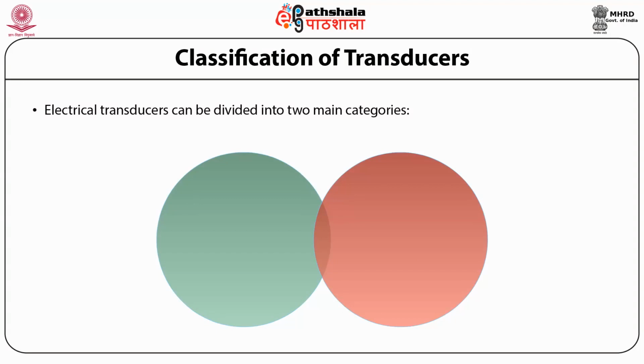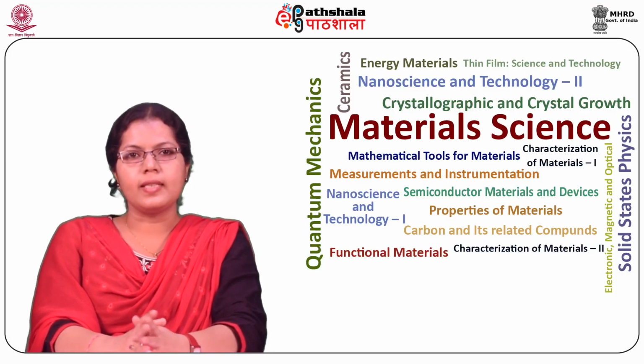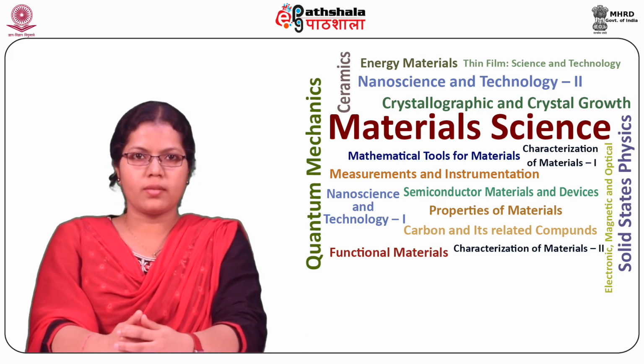The transducers can also be classified into two main categories. The first category is the active transducers and the second category is the passive transducers. So students, let us see the active transducers.